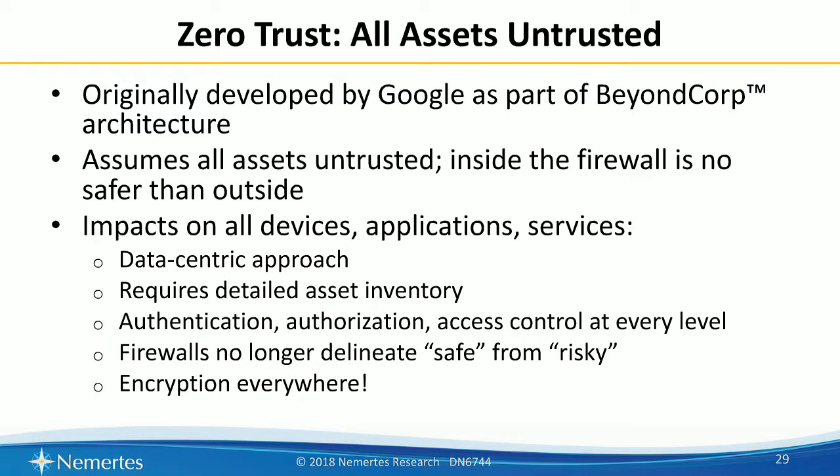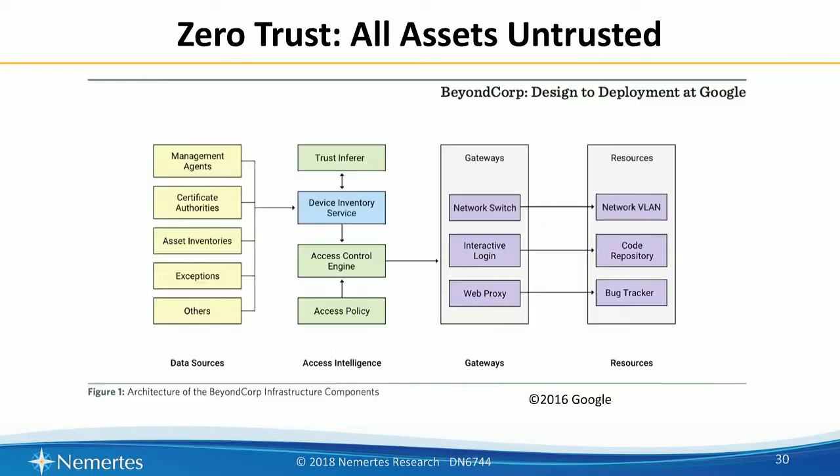They're a part of the filtration system, but they're not defining zones or boundaries in the same way they have in the past. And of course, the idea is that data will be encrypted pretty much everywhere in the environment, at rest, in motion, and end to end.